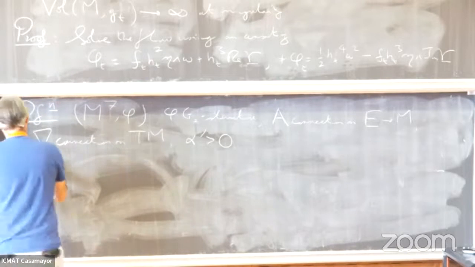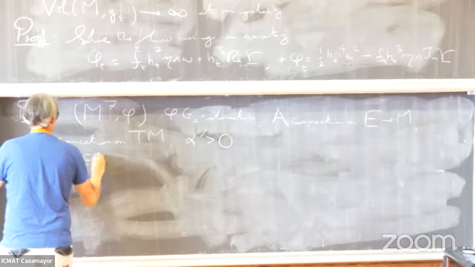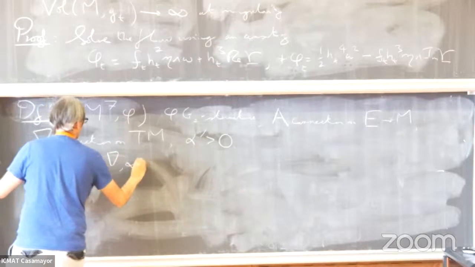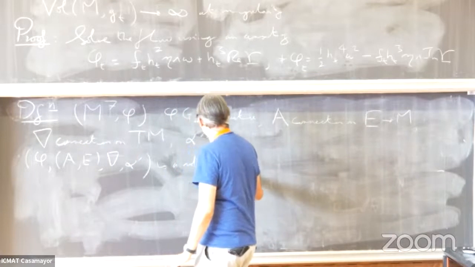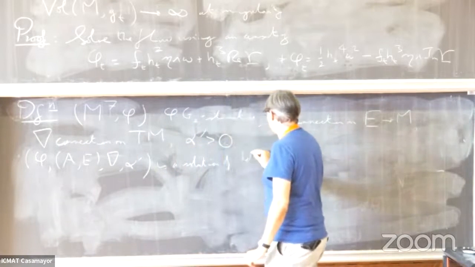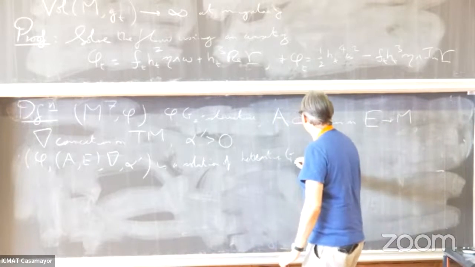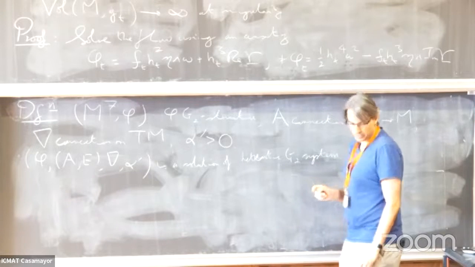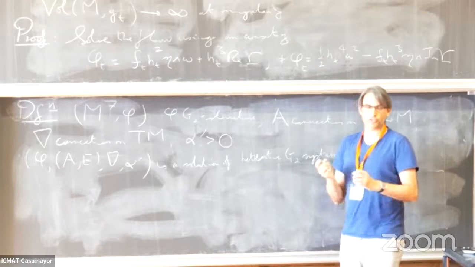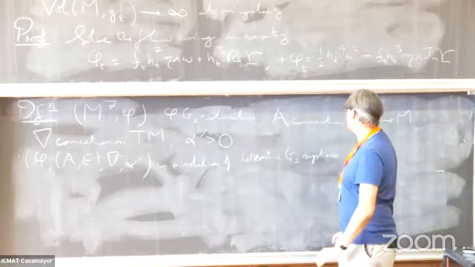Okay, and so then we say that the tuple (phi, A, E, nabla, alpha prime) is a solution of the heterotic G2 system. Sometimes this is also called the G2 Hull-Strominger system, but I'm not going to do that. I'm just going to call it one name and stick with it.